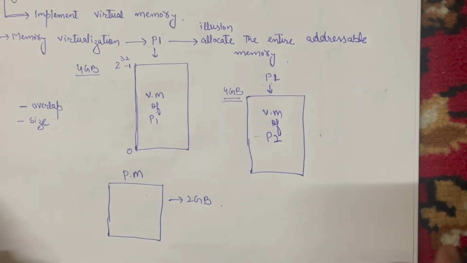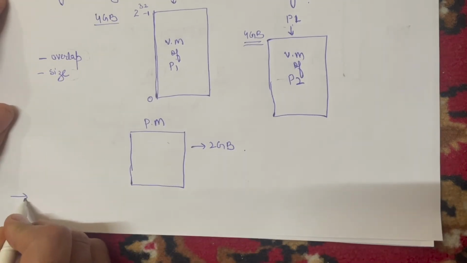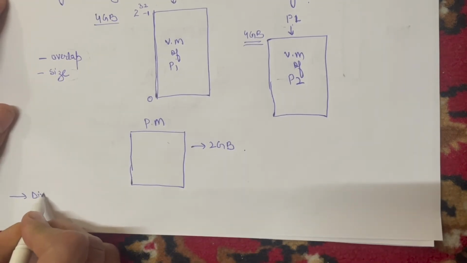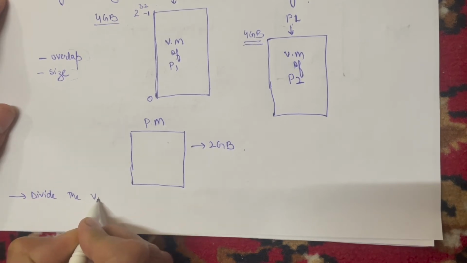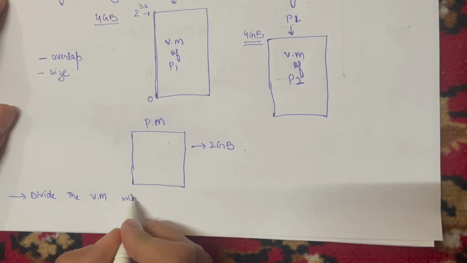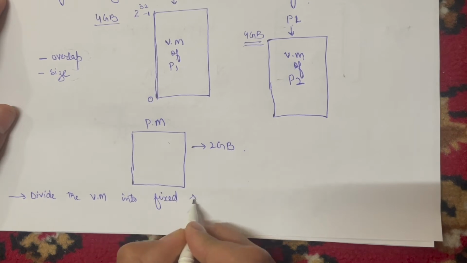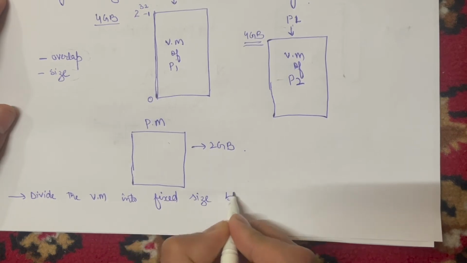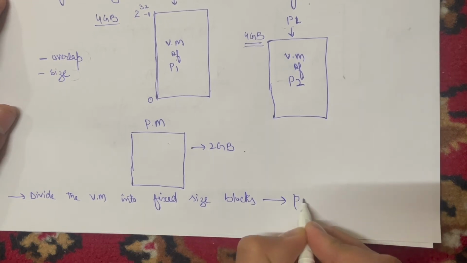So what does the paging technique say? It says to divide the virtual memory allocated to a process into fixed size blocks, and those blocks are called pages.